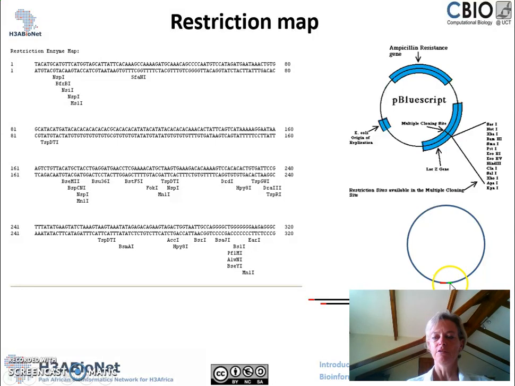Then you cut the vector, and the vector opens up, finds the sticky ends that are at the ends of these, which now match the sticky ends of those. The red sticky end here will stick onto that, and the red-green sticky end on this side will stick onto this side, and your insert gets inserted into the vector.